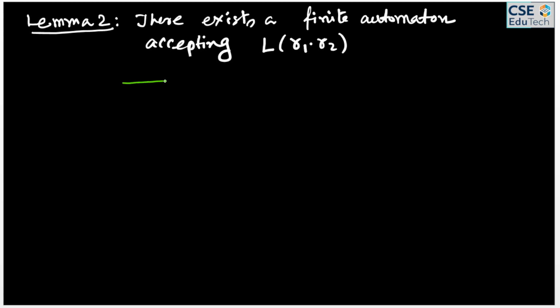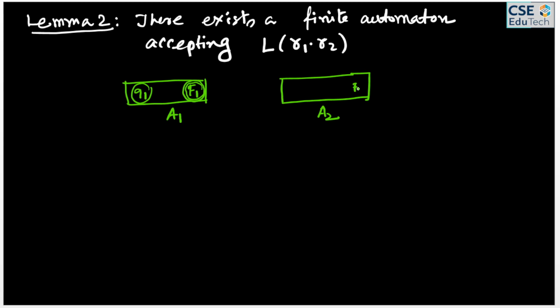Suppose this is our machine A1, where this is the state Q1 and this is F1, the final state. And another machine, automaton A2, has F2 and Q2, the initial state. A1 accepts the regular expression R1 and A2 accepts the regular expression R2.